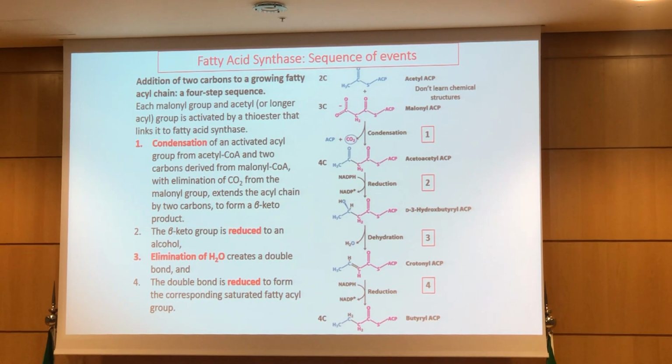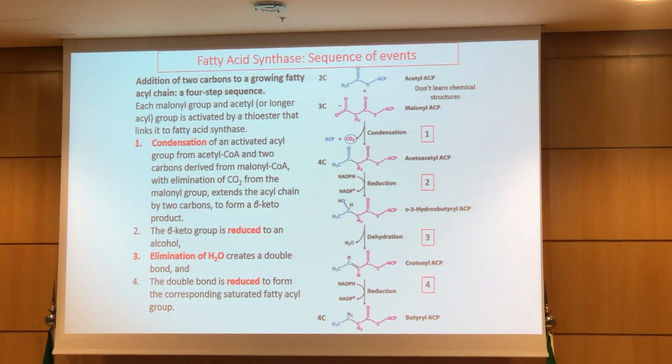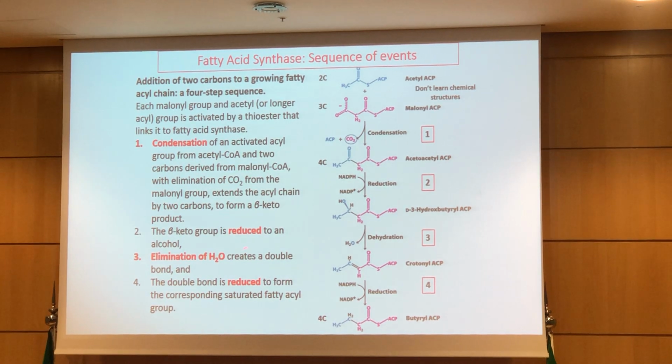Okay? Then what do I do? That's the condensation part. I bring it together. That's what condensation means. Then I carry out a reduction reaction. In other words, I add a pair of electrons and hydrogen, and now I come up with this molecule down here.